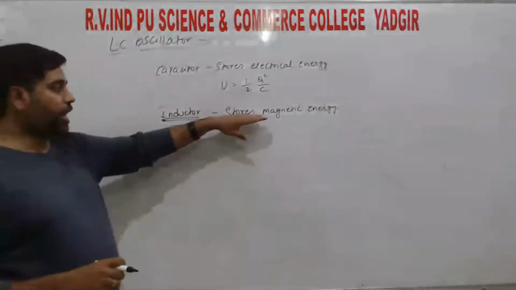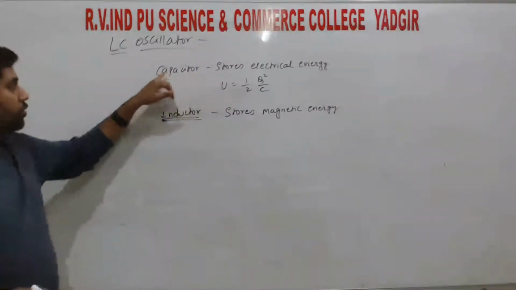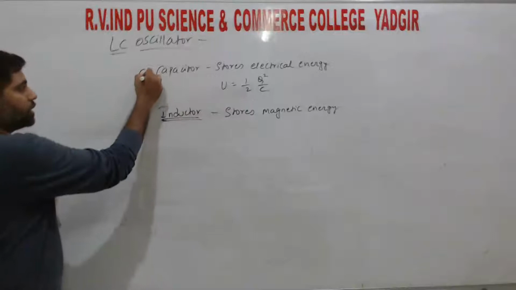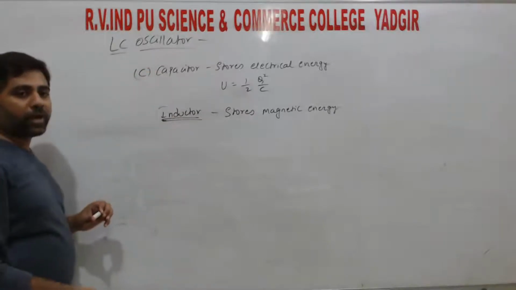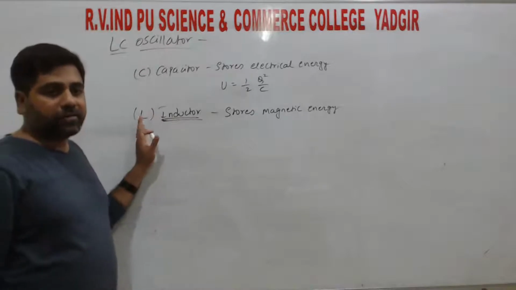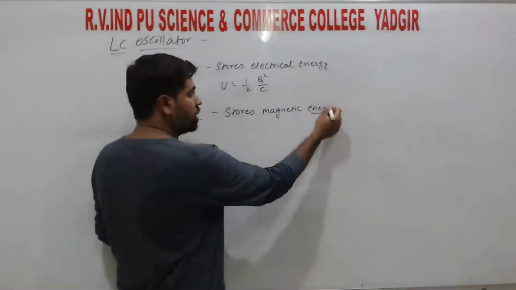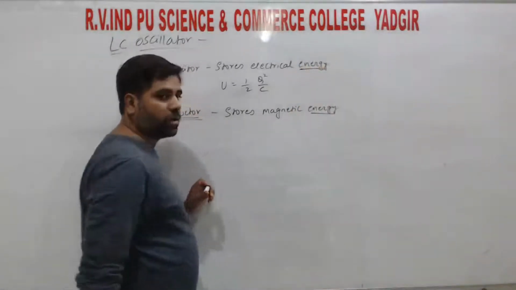So it stores the magnetic energy, while the capacitor stores the electrical energy. The capacitor is denoted by C, the capacitance of a capacitor, and L is the inductor, that is, the inductance of an inductor. So what does the inductor store? Energy. And the capacitor also stores energy.